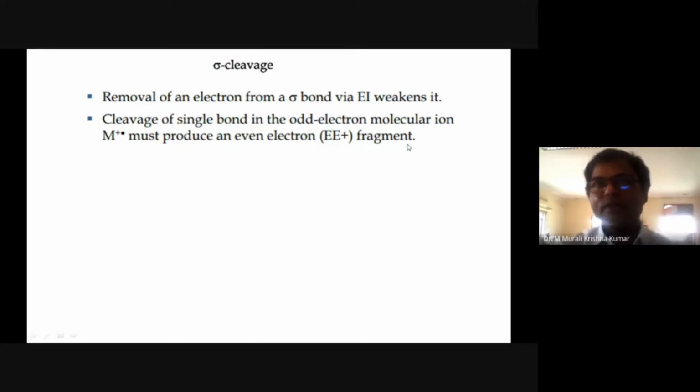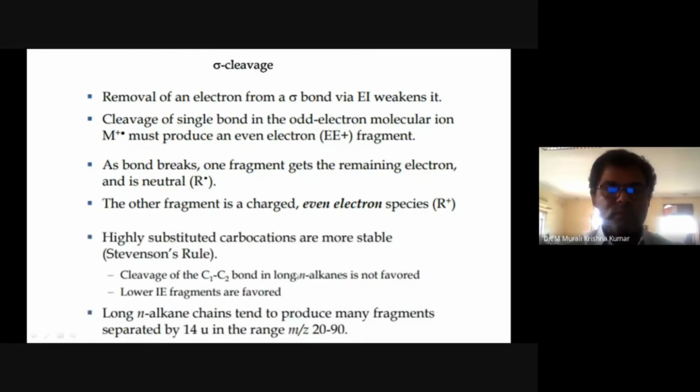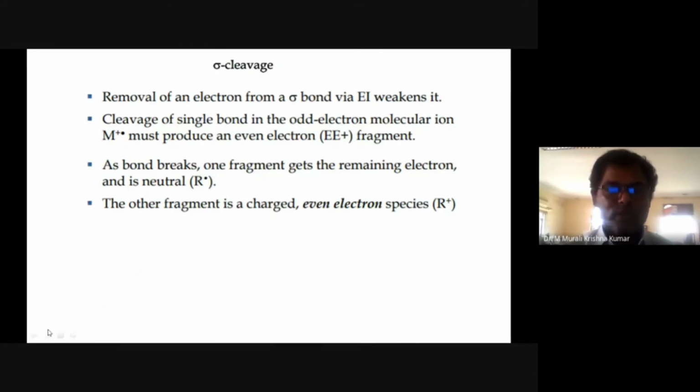As we observed in Stevenson's rule with butene, the fragment ion will have even electrons. As the bond breaks, one fragment gets the remaining electron and is separated as a neutral fragment. The other fragment is charged and contains an even electron species. The next one is, so to reduce your confusion, let me clarify.